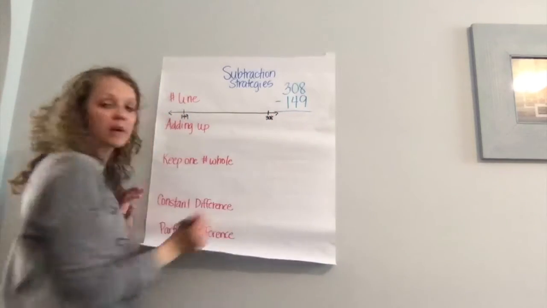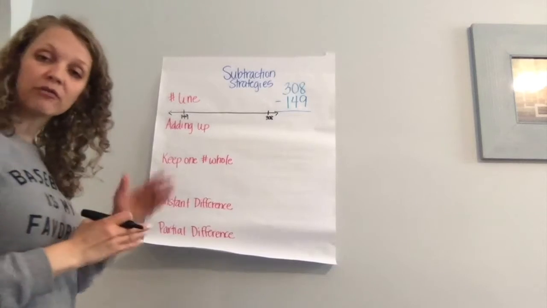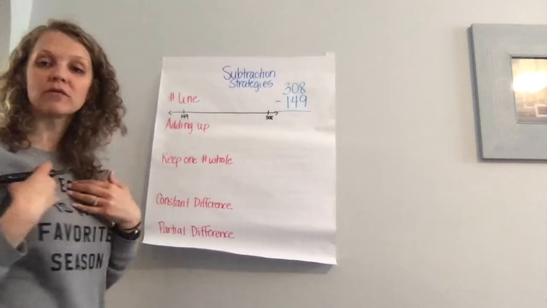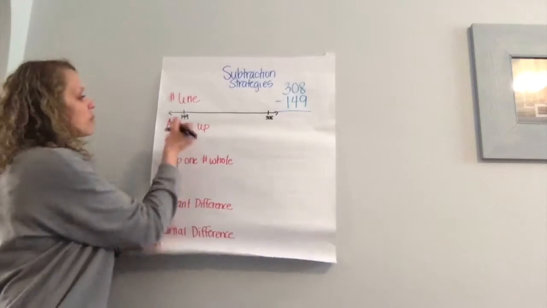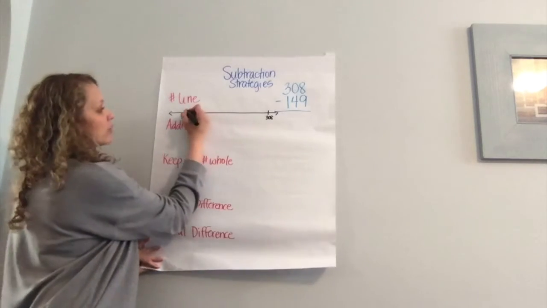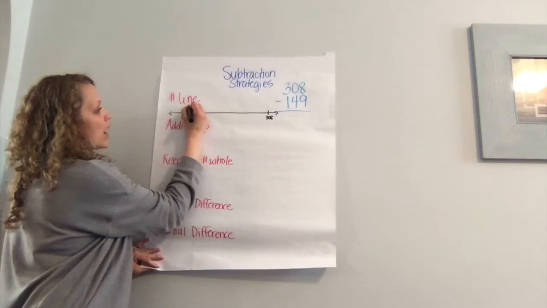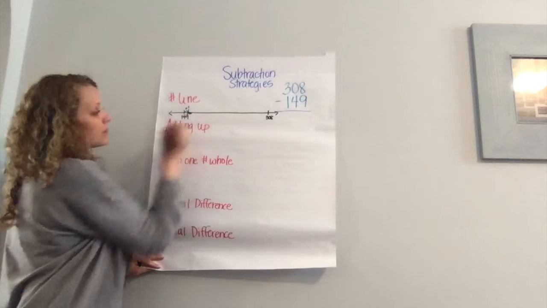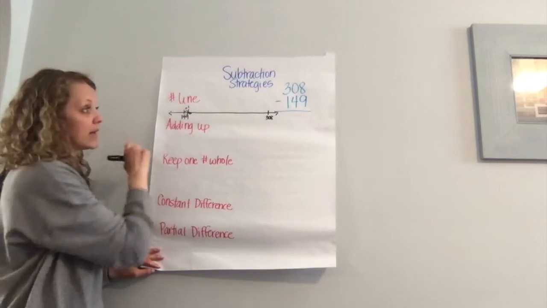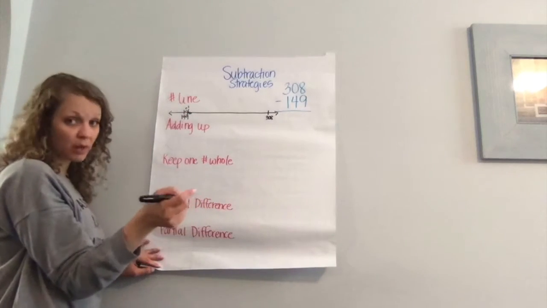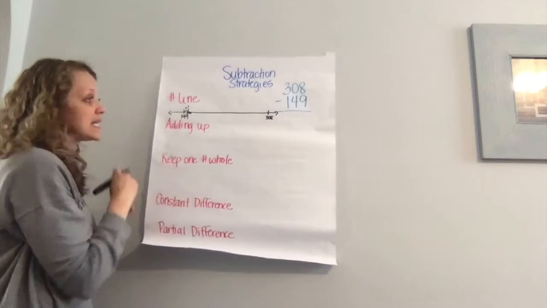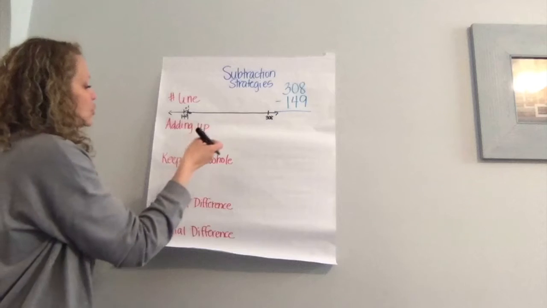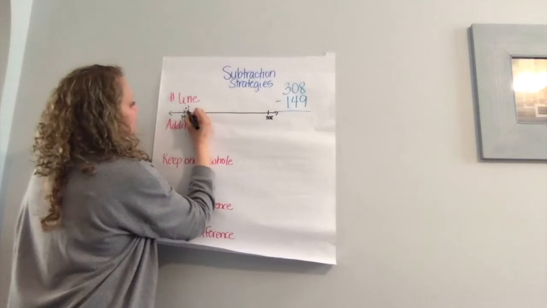So that would be done by saying, here's 149 on the number line, and here is 308 on my number line, and now I'm going to get from one number to the other, and we could go forwards or backwards, whatever we're more comfortable with. I'm more comfortable with going forward. Most second graders are going to get to a friendly number first, so they're going to make a jump of 1 to be at 150. Now I have this really friendly number that I can jump with, so I know I can at least add 100. That's going to get me to 250.